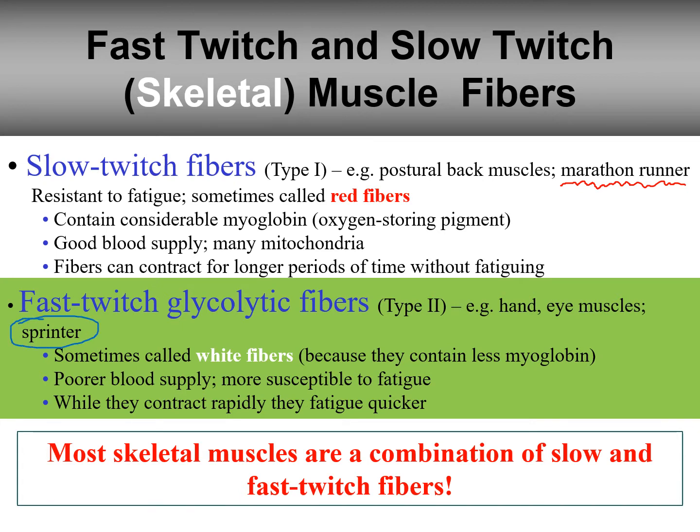So this gets back to the idea that our ratio of fast to slow is genetically inherited and predisposes one to maybe be a better marathoner versus a better sprinter.